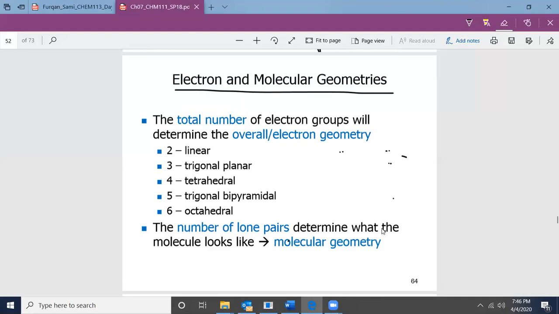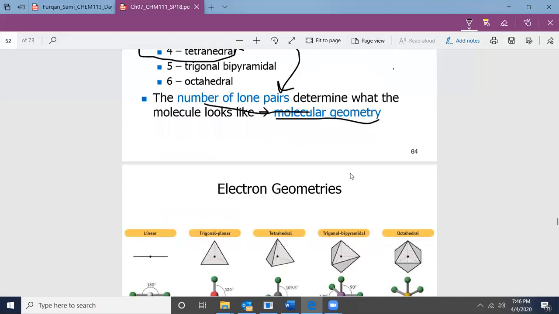But when it comes to giving the molecular geometry, that's when you start looking at the number of lone pairs. And that's how, even though many molecules can share the same electron geometry, they're going to have different shapes based on different numbers of lone pairs on the central atom.